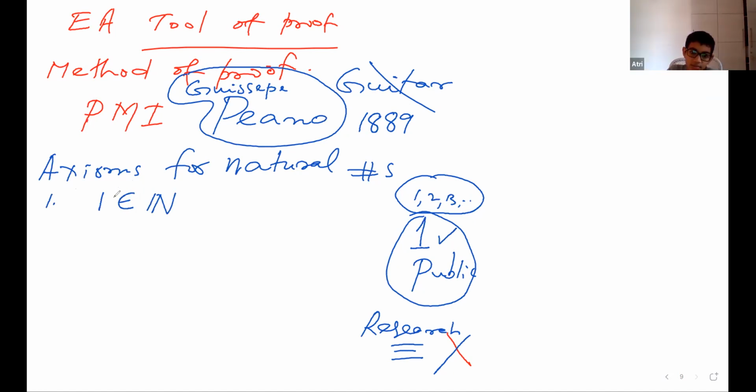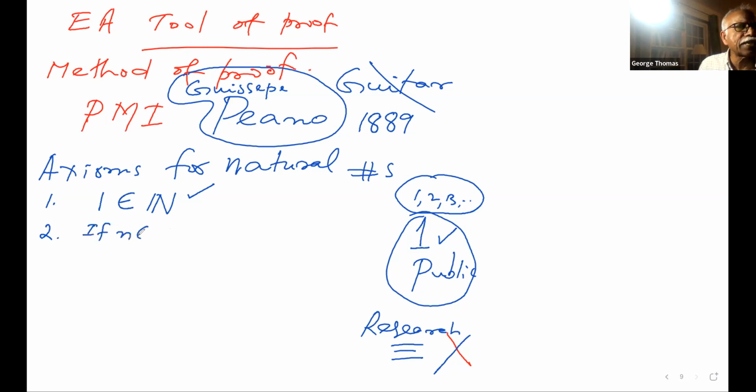Let us call the natural numbers N. Then he said, there is an object called 1 which is in it. That's the first axiom. The second axiom is, if there is an object n in this big N, then a successor of n is in N.